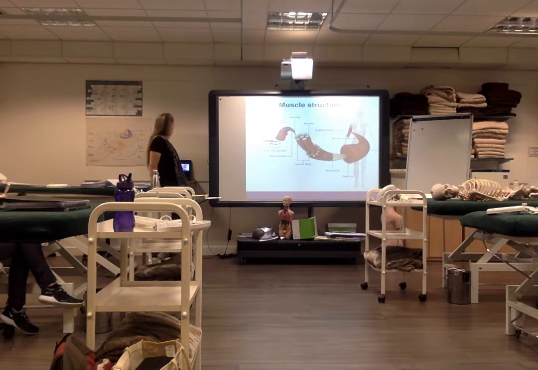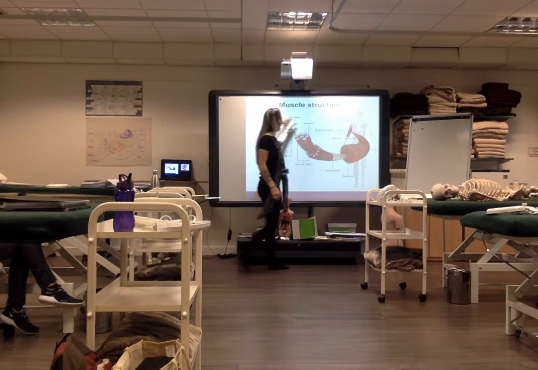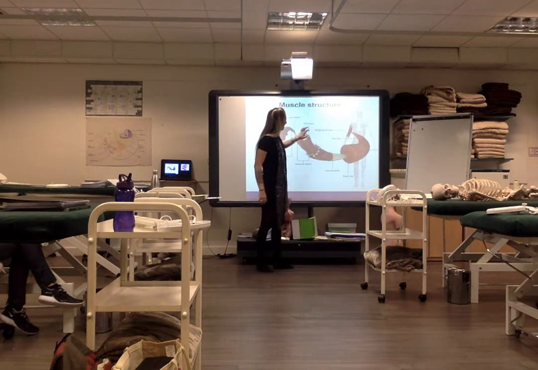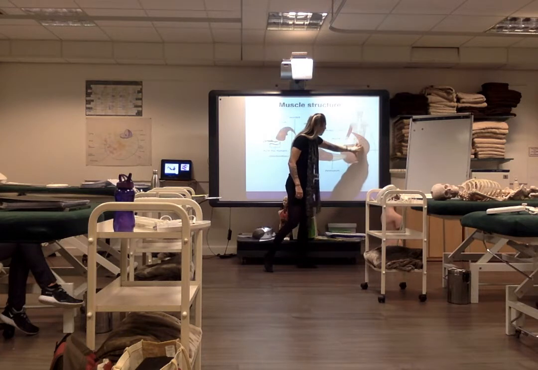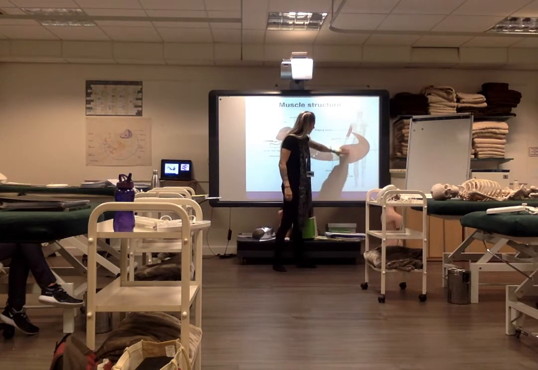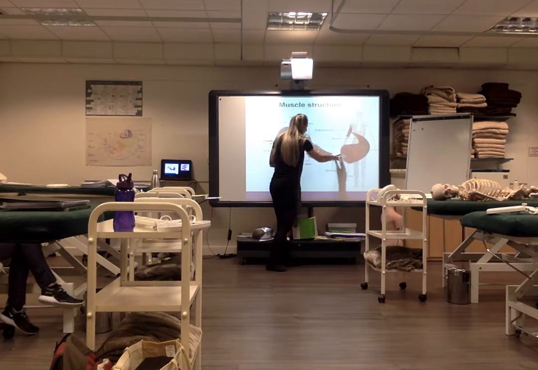So the structure of a muscle. When you're looking at the whole muscle, like bulging biceps, it has all little bits in between called a fascicle, and these fascicles are made up of muscle fibers.